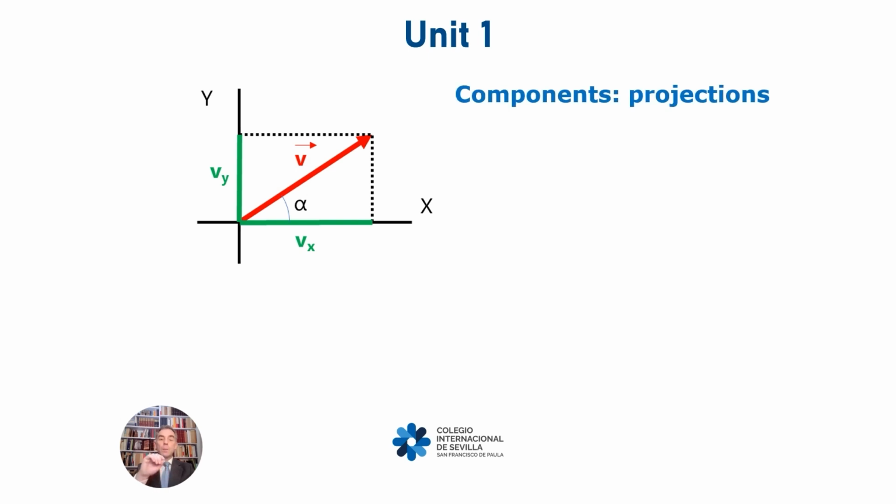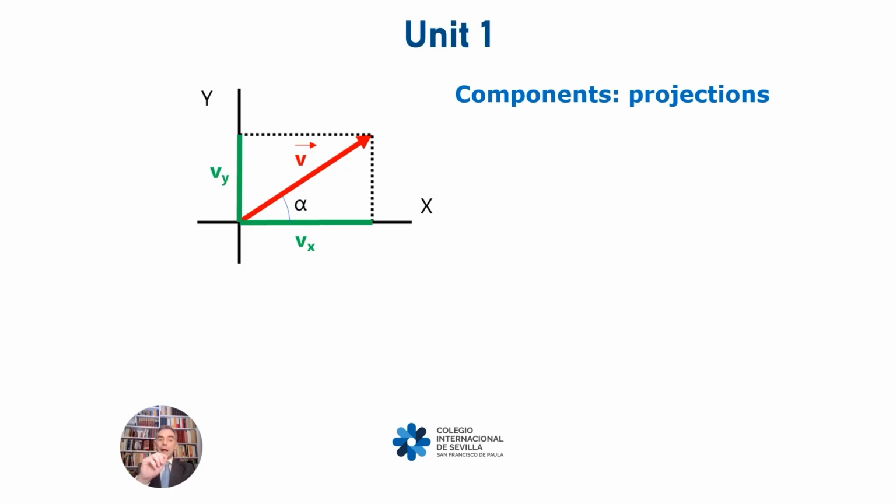Therefore, components of a physical quantity that has an orientation are the projections of that arrow representing the physical quantity on both axes, or on the three axes if we are working in a tri-dimensional system.